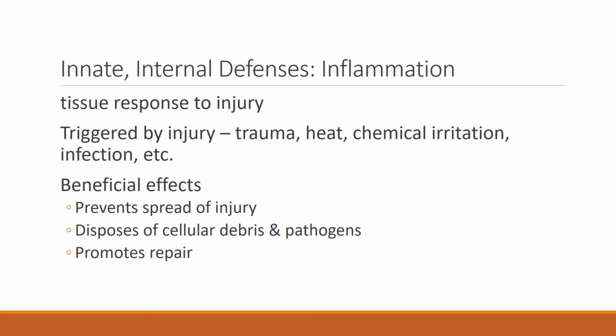The benefits of an inflammatory response are that it helps prevent the spread of injury, helps dispose of cellular debris and pathogens, mostly through phagocytes as the key players, and again those were the neutrophils and macrophages. It's also going to help promote tissue repair.